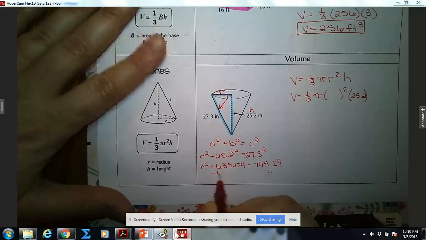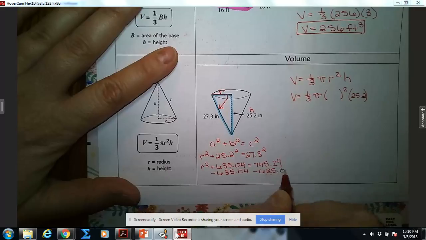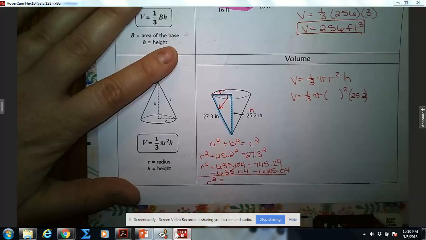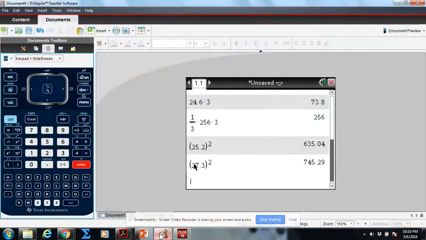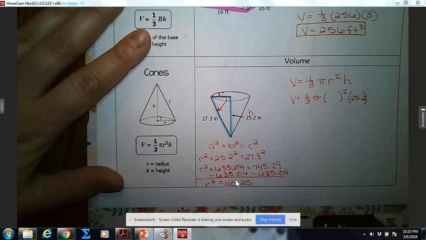I'm going to subtract the 635.04 from both sides. That will leave me with radius squared equal to 745.29 minus 635.04, which is 110.25, and I'm almost done here. That 110.25 is equal to the radius squared, which is actually what the formula calls for, radius squared.